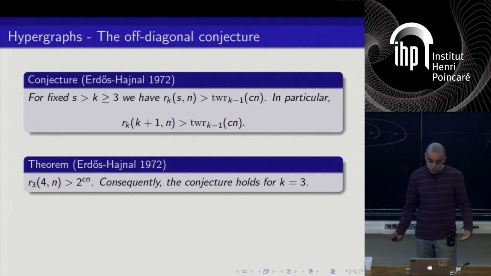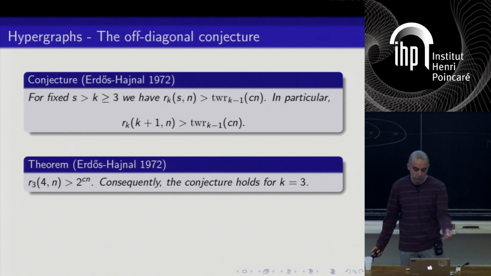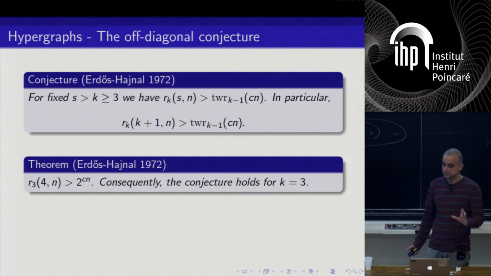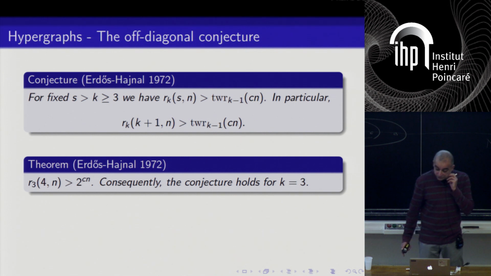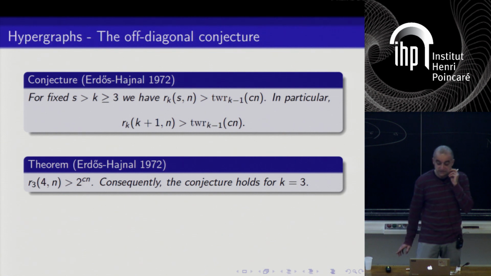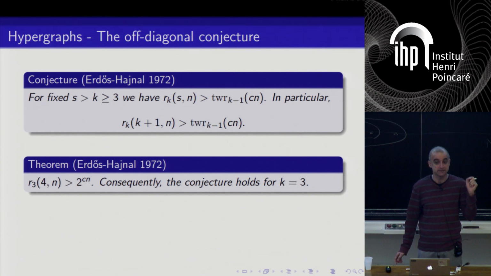So when k is 2 and we're speaking about graphs, this is saying that you should have something that's polynomial. It's actually the way I've written it linear, but we're going to be worried about the tower height rather than the exponent eventually. For 3 uniform hypergraphs, that's the first non-trivial case, it's asserting that the smallest off-diagonal Ramsey number is exponential in n, right?